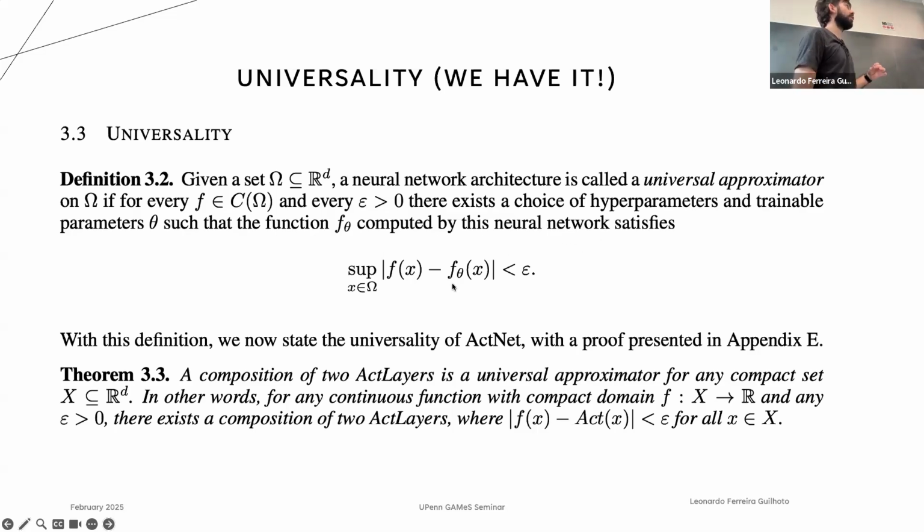It says that your true function minus the approximation is at most epsilon away at all points. That's what we mean when we say universal approximation.